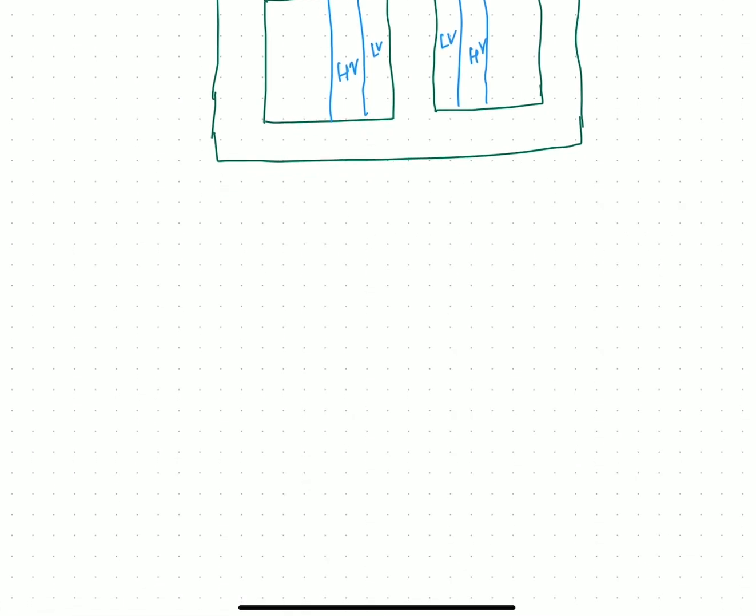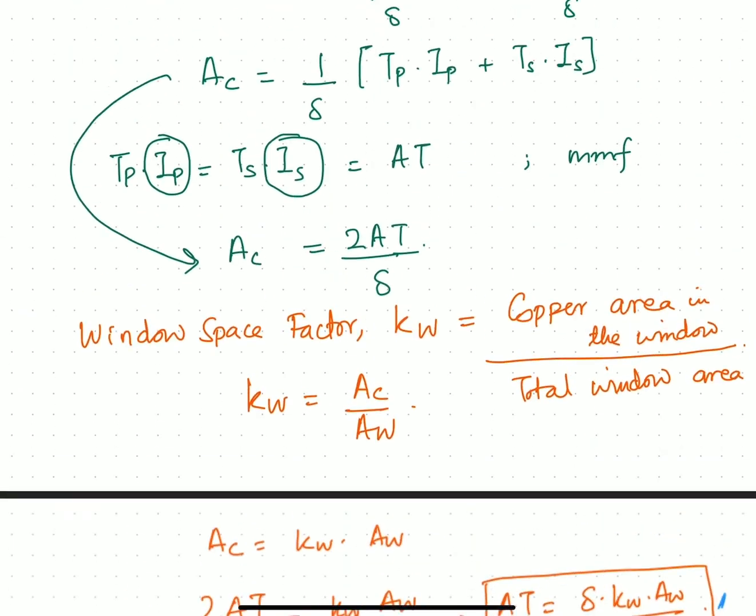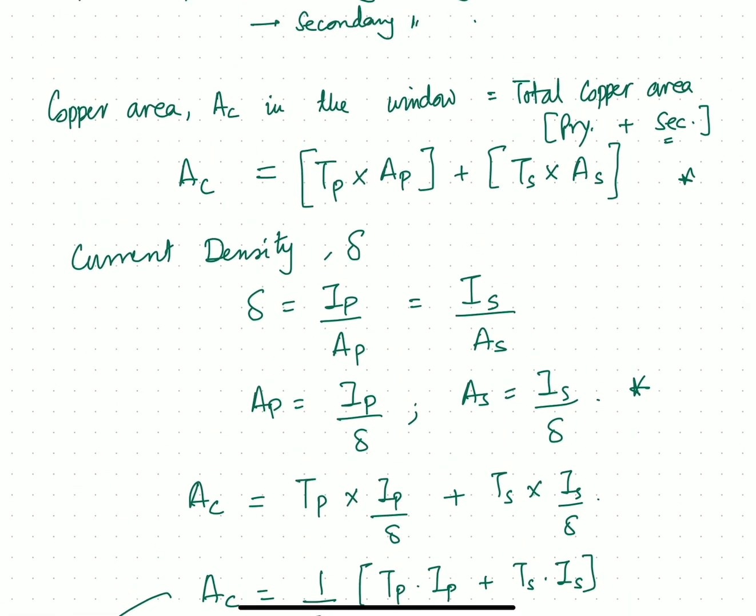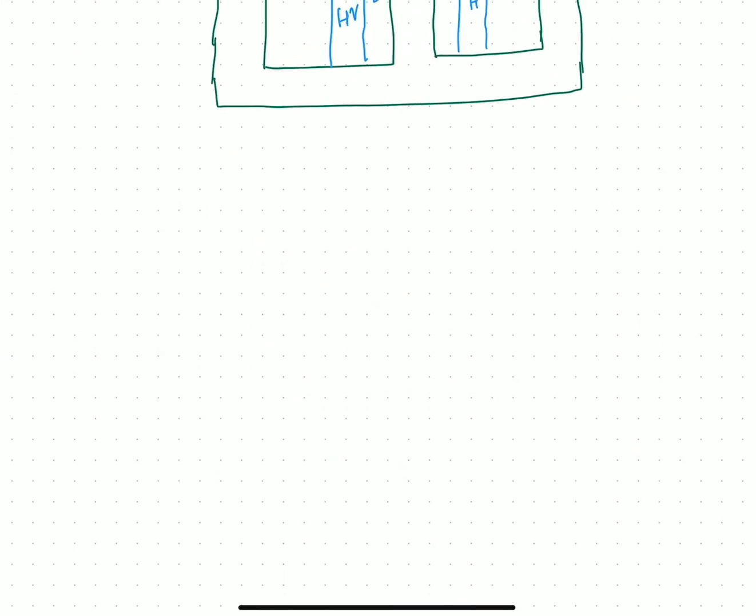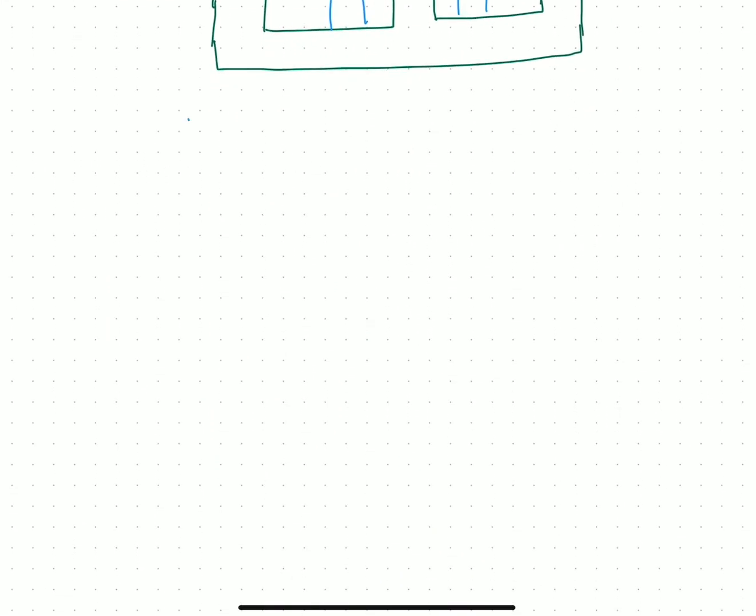So if you go back to see the case where we derived this copper area AC in the core type case, we used total number of turns of the conductor times the area of cross section of the conductor. So same principle we are going to use here, and we can say that copper area AC is equal to number of turns in the primary times the area of the primary conductor plus number of turns in the secondary times area of the secondary conductor.